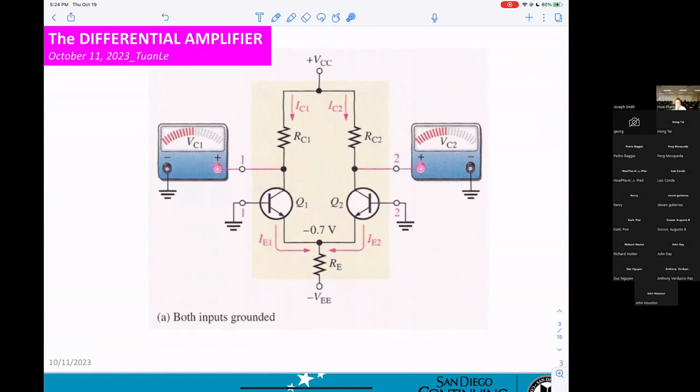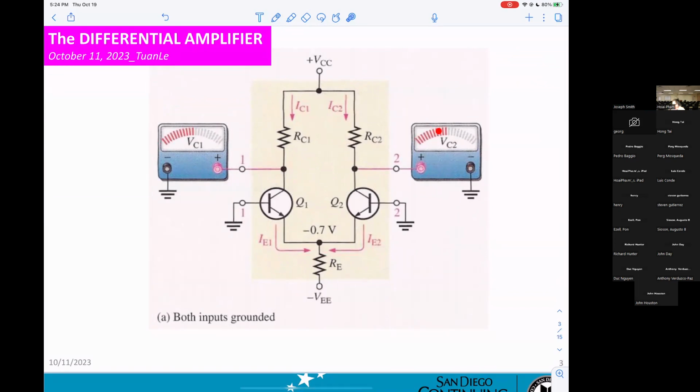Okay, in this case, they ground input 1 and input 2. Both inputs grounded. They measure VC1 with a meter and VC2 with the meter.